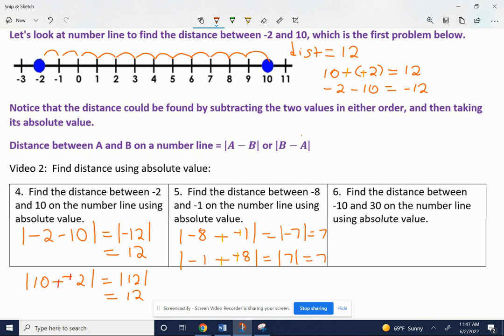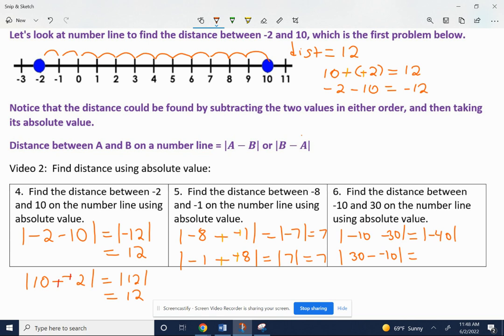The last problem, the distance between -10 and 30. You could find the absolute value of -10 minus 30, or the absolute value of 30 minus -10. The absolute value of -10 minus 30: -10 minus 30 is -40.